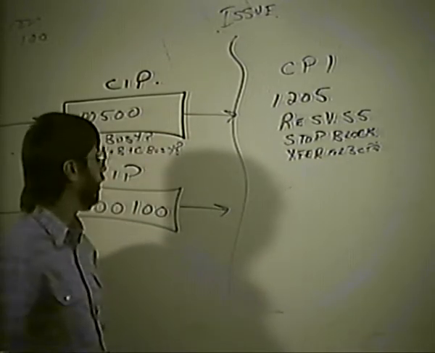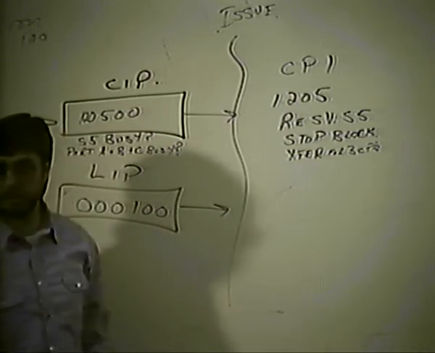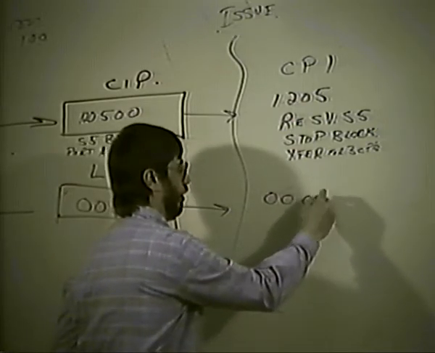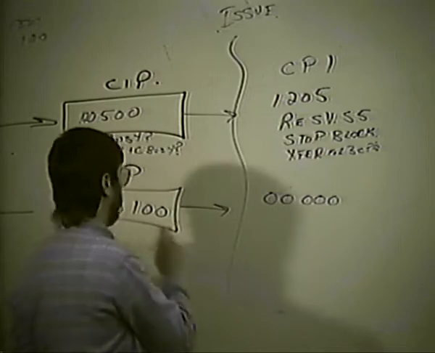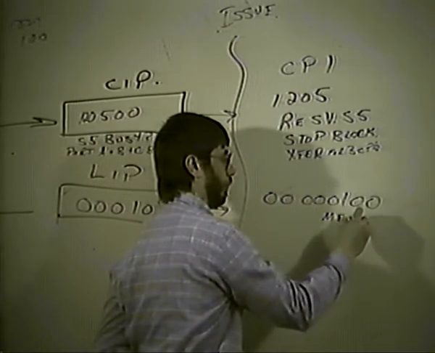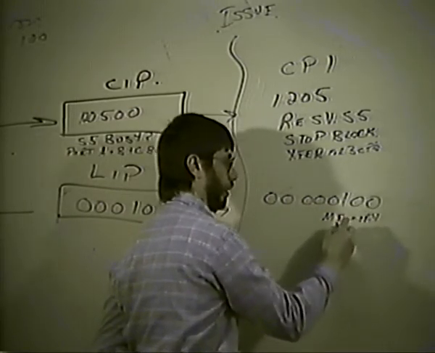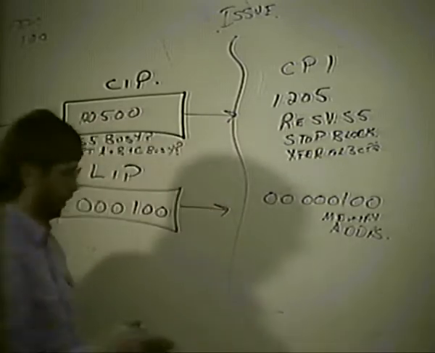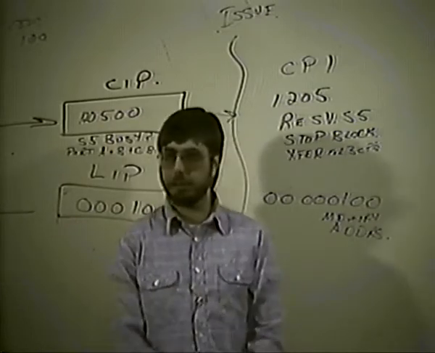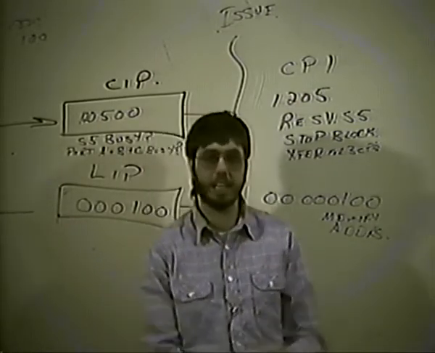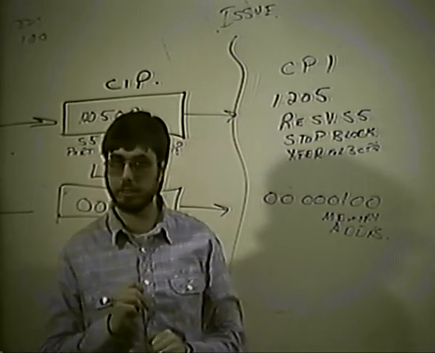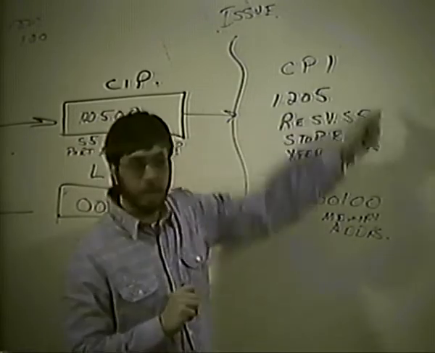And that's all we have to do. But we also take this 00 plus the bits of the 100 here and ship that off as a memory address. What we're going to do is reference address 100. We're going to take the data that's in that address, and we're going to put it in S5 eventually. This takes 1 clock period to issue.